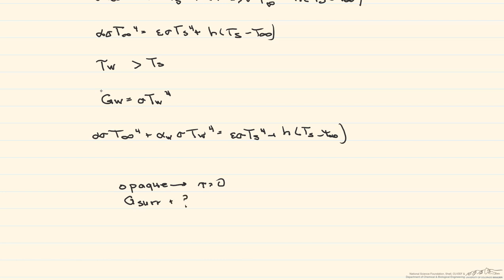If so, again, if you have an object placed in a large furnace where those walls can be considered irradiating, you need to include that in your energy balance. And take a look at what's given. Is the radiosity given? Use that number. Is the irradiation given? Use that number instead of trying to calculate it.